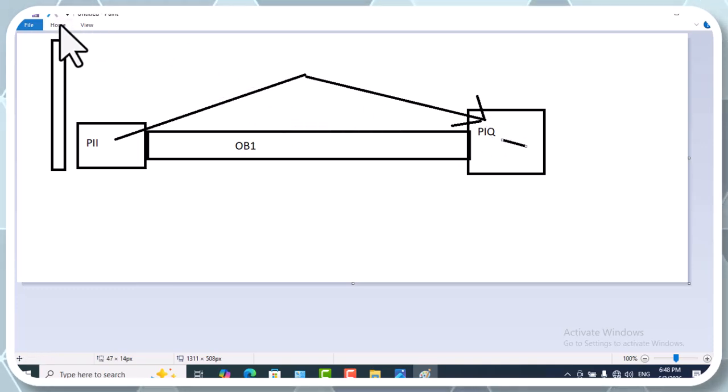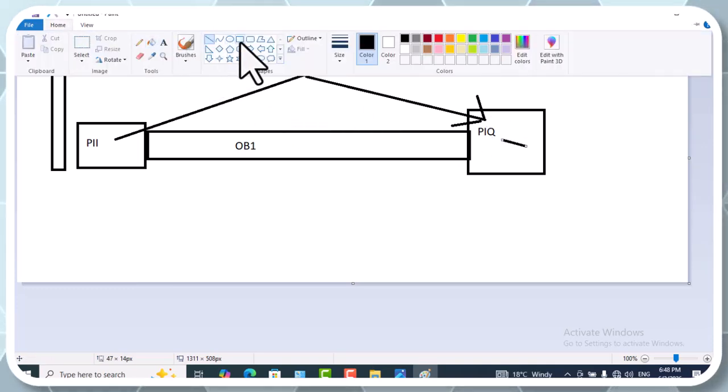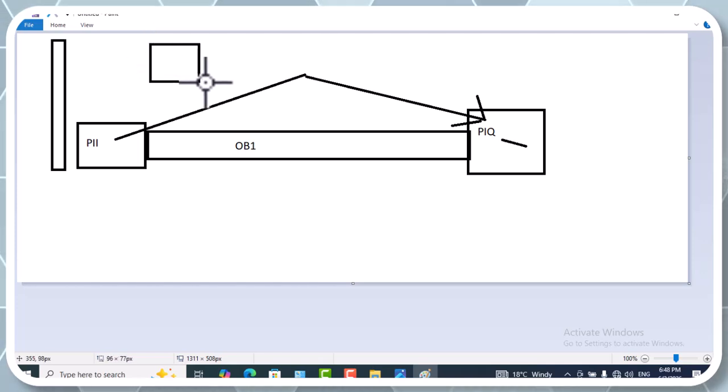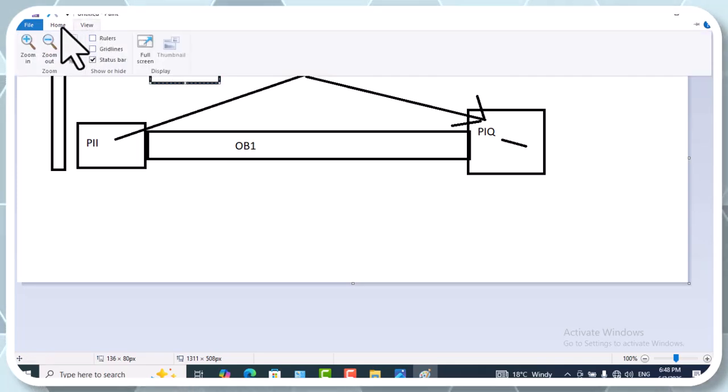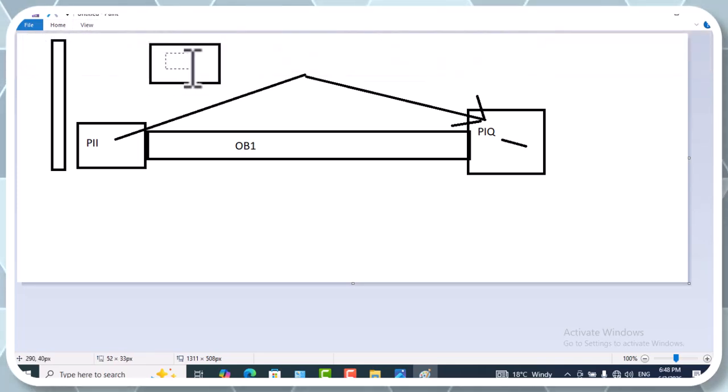And also, my friends, if we have, for example, OB block number 35, what happens? OB35 has higher priority than OB1.